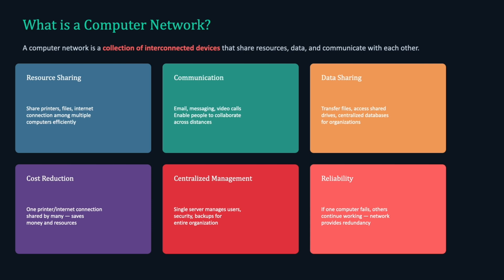Communication enables email, messaging, video calls. Data sharing allows file transfer and centralized databases. Cost reduction comes from sharing expensive resources. Centralized management lets one server handle users and security. And reliability means if one computer fails, others keep working.